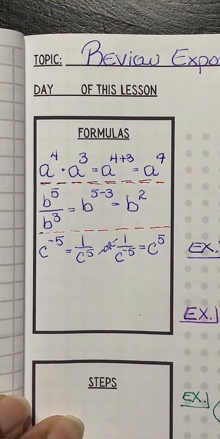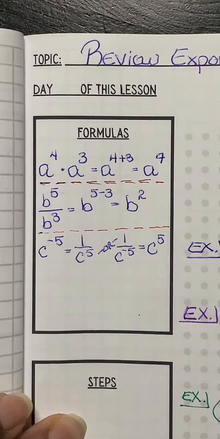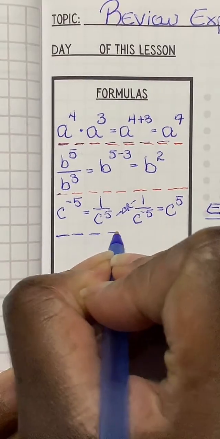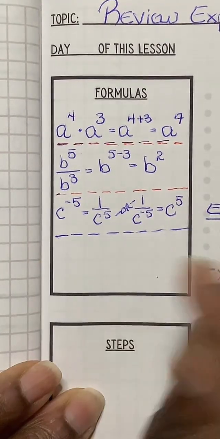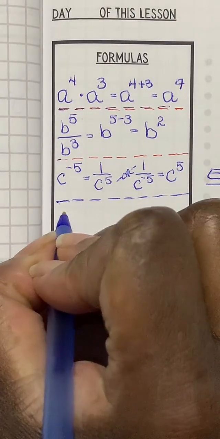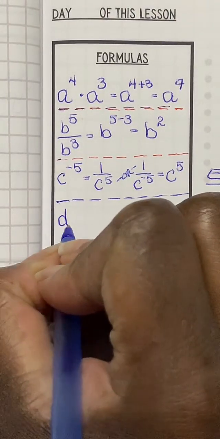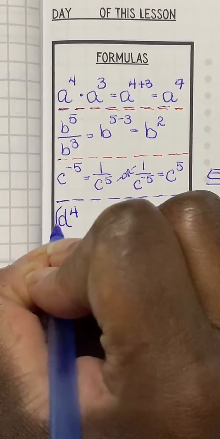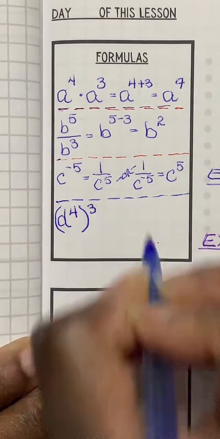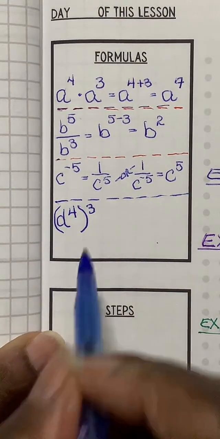All right. So now, the other one, which I forgot to put in, let me see if I can put a little zazzle before I start talking about the negative exponents. There is one. So if I have d to the 4th power, and that's being raised to the 3rd power, okay?